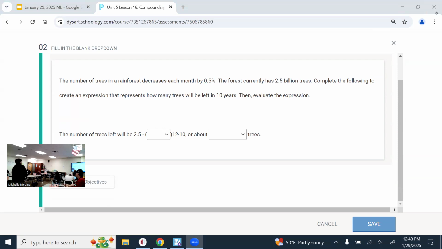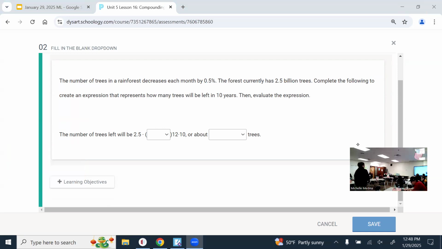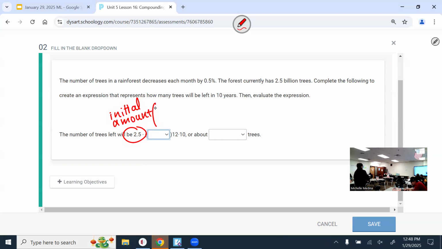So the number of trees left will be 2.5 times... remember the parentheses, so that 2.5 is our initial amount. And then in the parentheses, when there's a percent change involved, it's always 1 plus or minus r.